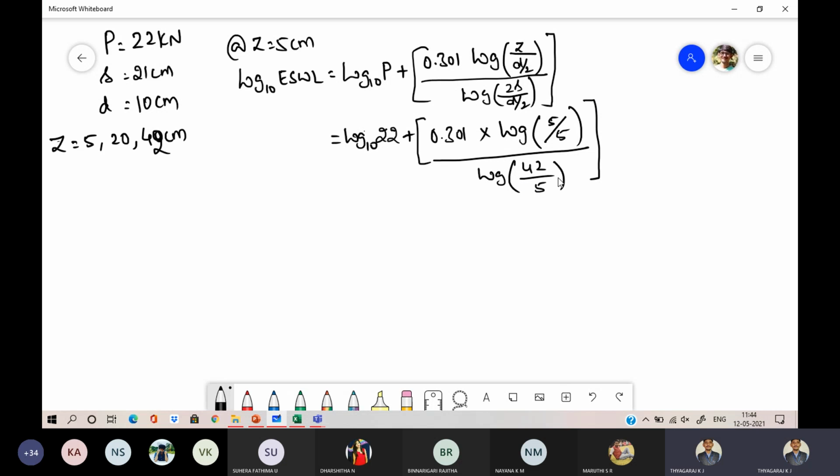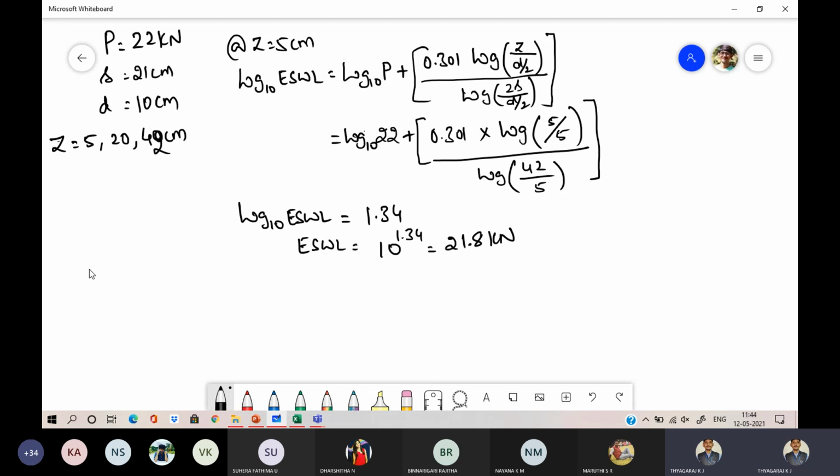Calculate the value. 1.34. ESWL is equal to 21.87 kilonewton. So from the formula we are getting this one.